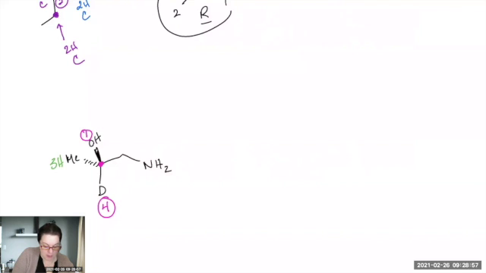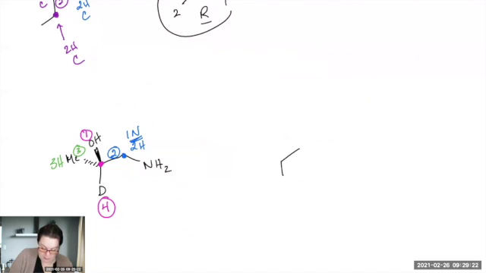The other carbon over on the right-hand side has 1 nitrogen and 2 hydrogens. So we have a difference. The one with the nitrogen gets higher priority. So this is now going to be priority 2 because we already have priority 1. And the methyl group gets priority 3.